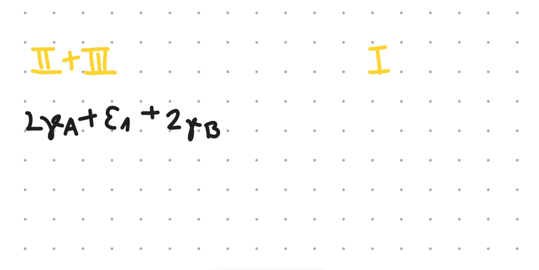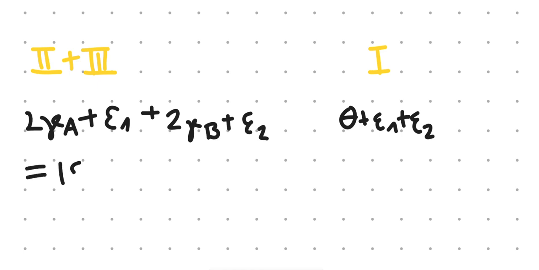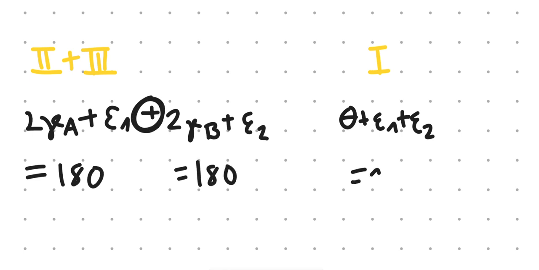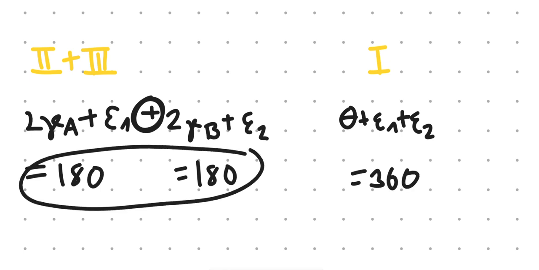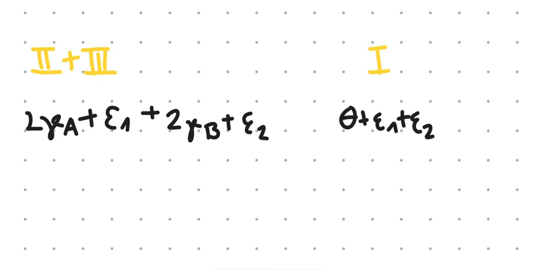So I have 2 gamma A plus epsilon 1 plus 2 gamma B plus epsilon 2. Now the first equation was theta plus epsilon 1 plus epsilon 2. Since this is 180 and this is 180, and we are adding these up, and this is 360, we get 360 is 360, in which we can write an equal sign.